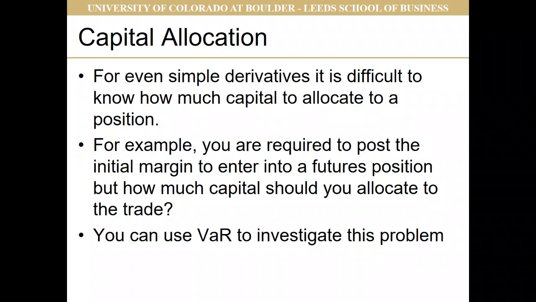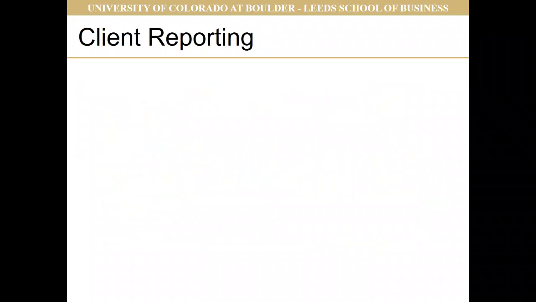Perhaps we might calculate a 99th percentile one-day value at risk and allocate that much capital to be sure that only 1 in 100 days do we run out of money. But of course that depends on how big our position is, how long we might run that position, and so on. So this concept of value at risk can be used to think about how much capital I need for a position.